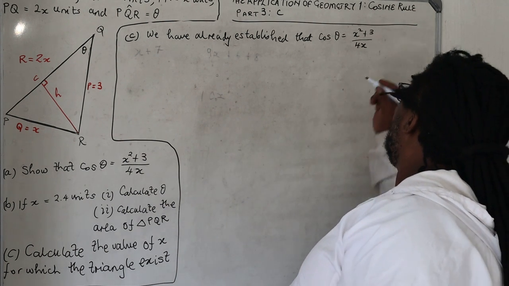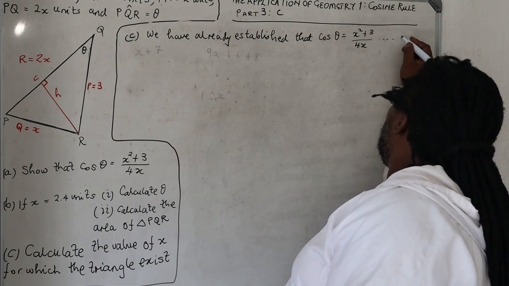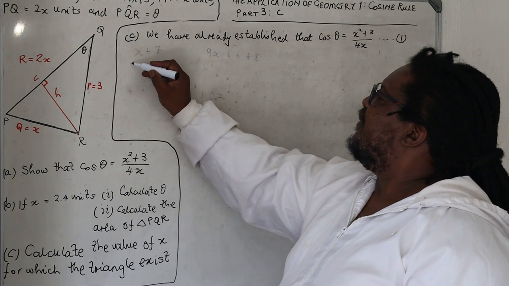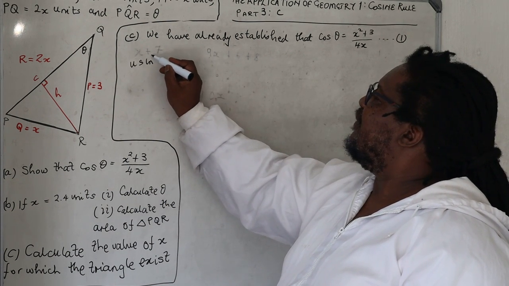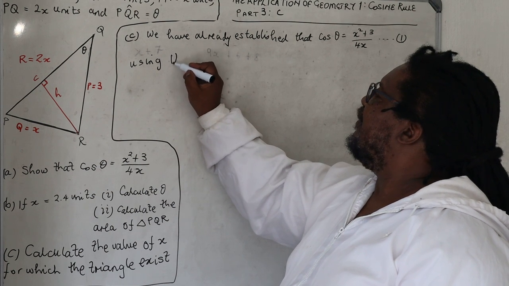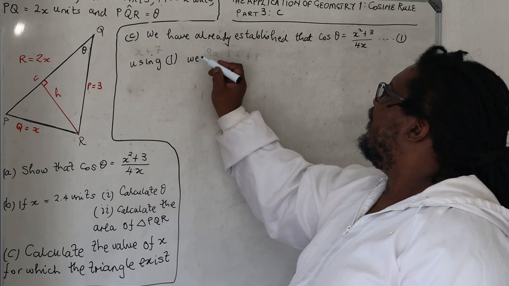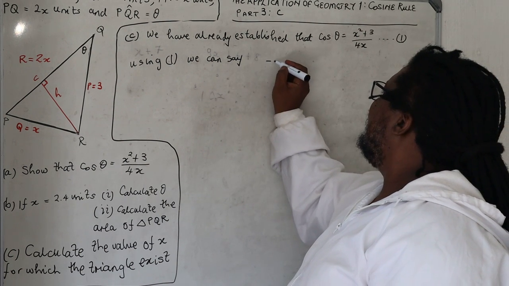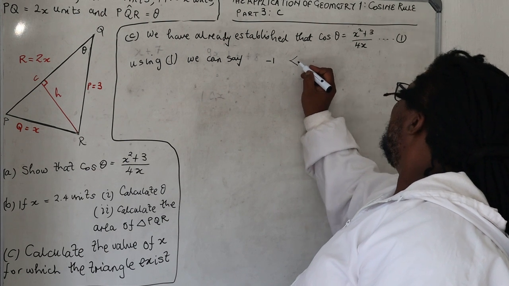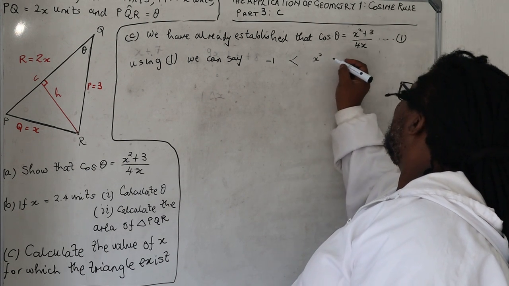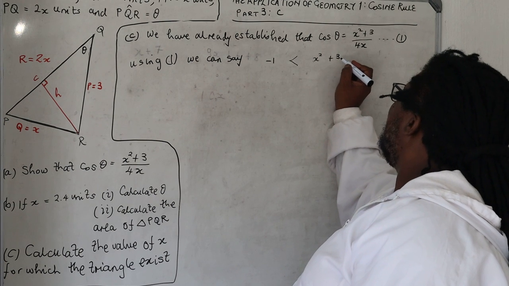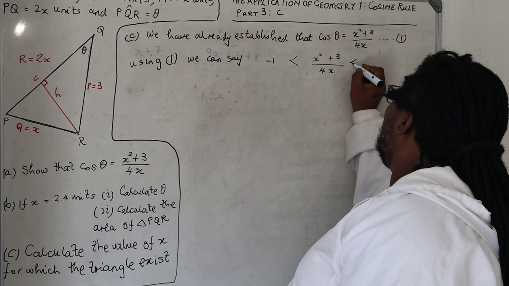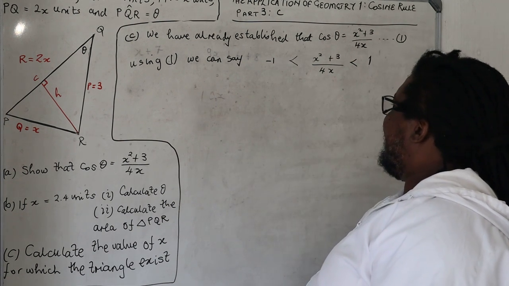So, if we call this our equation 1, using 1, we can say -1 is less than x squared plus 3 over 4x, which is less than 1.